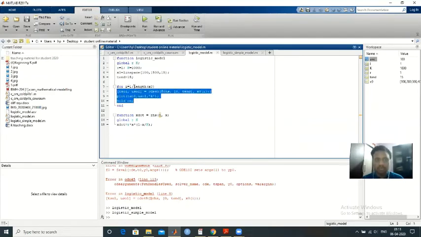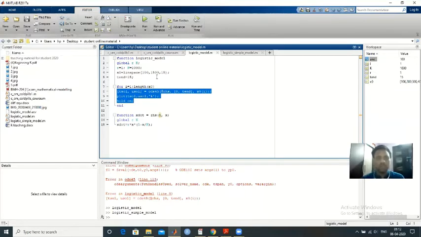i equal to 1 to length of x0. What is x0? I have taken x0 from 100 to 1500 using linspace, a command which creates a sequence. This is the starting point, this is the end point, and these are the number of points. It breaks 100 to 1500 into 15 points, so it will create the sequence 100, 200, 300 up to 1500.